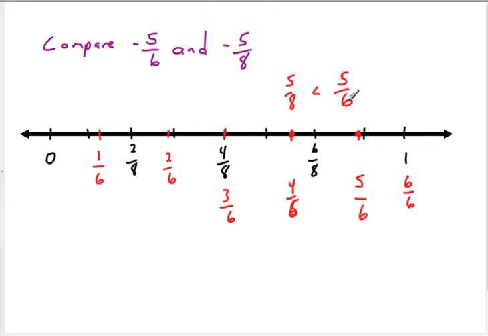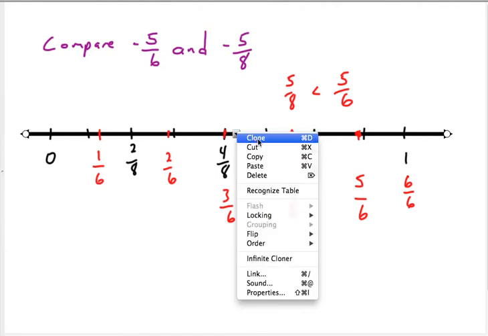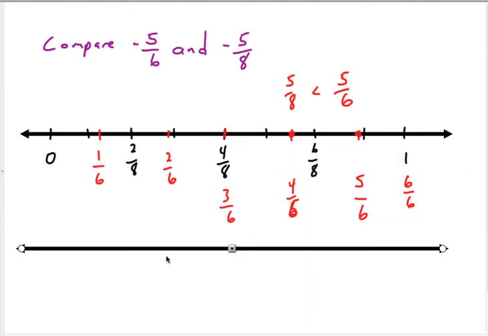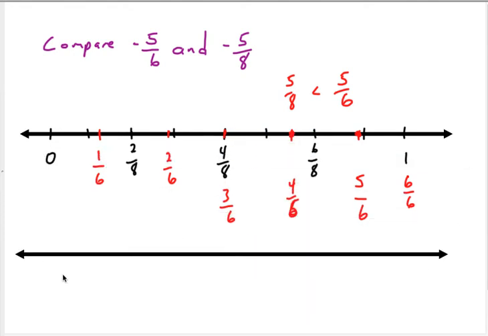Now if we flip it around, it'll be the opposite, right? So if we flip this around, let me see if I can copy that. So now we're going to have negative 1 over here and 0 over here.